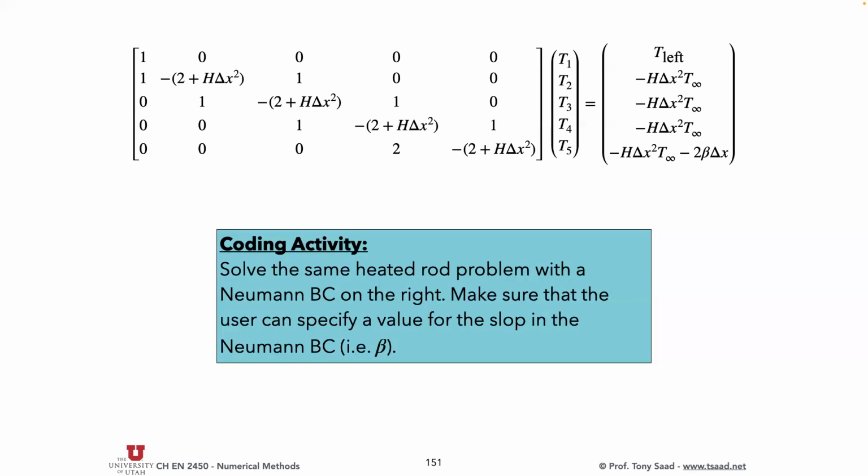Need my help? Yep, so your D is off. Just comment this line out, because that's the last equation. In the previous problem it was 1, correct? In this problem, it's still minus 2 h delta plus h delta x squared.